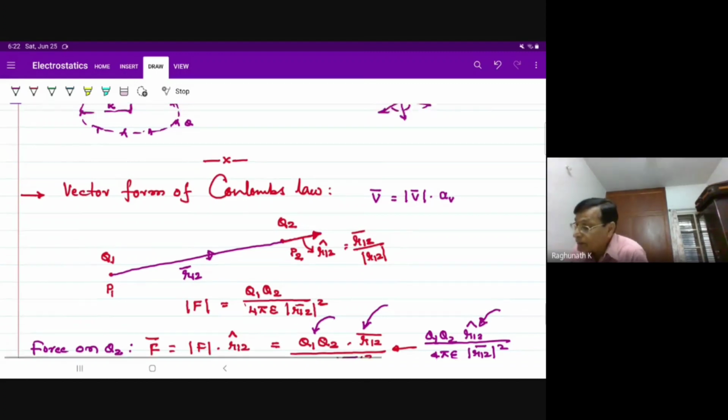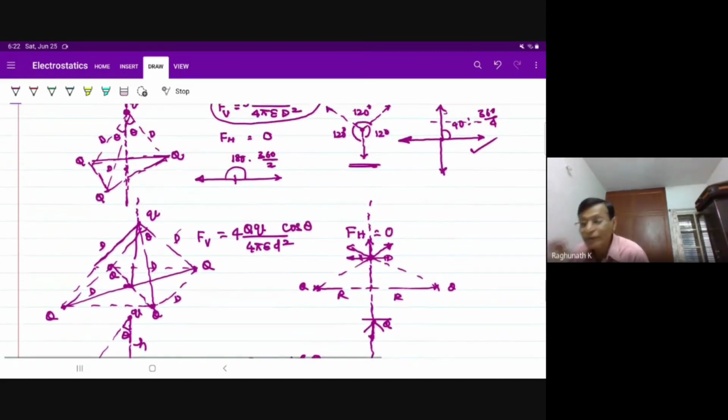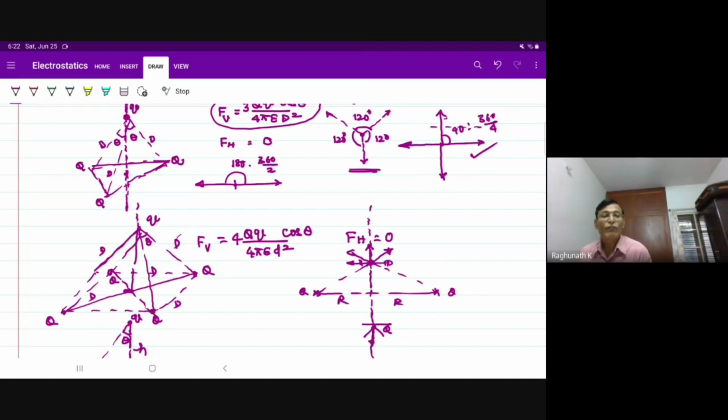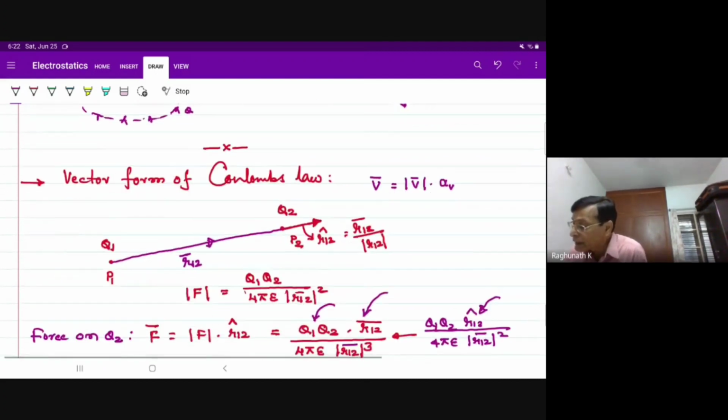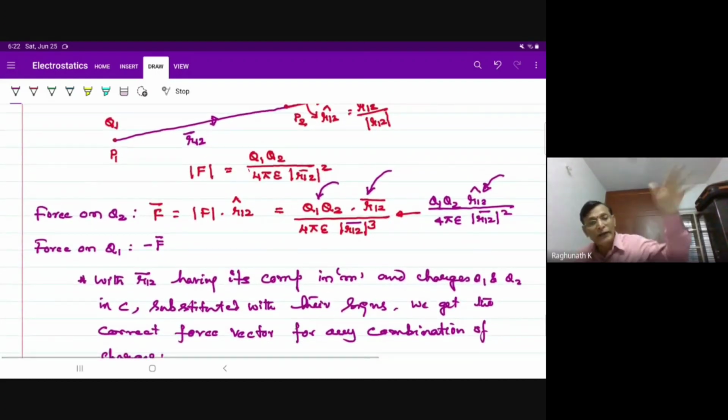So while calculating the net force using superposition, I will try to know the coordinates of the points where the charges are kept, and the coordinates of the point where the test charge, small q, is kept. I will use this vector law to calculate the individual forces straight away in the vector form without really worrying about the components, attractive and repulsive forces.